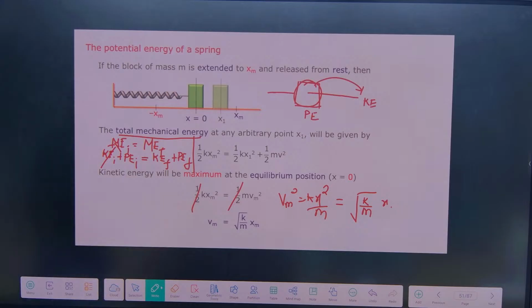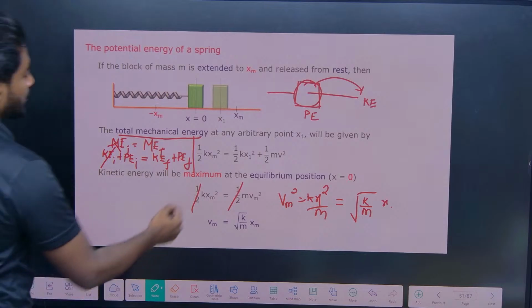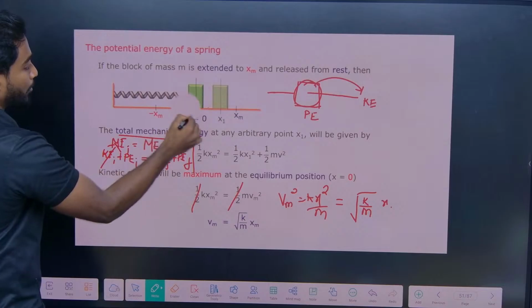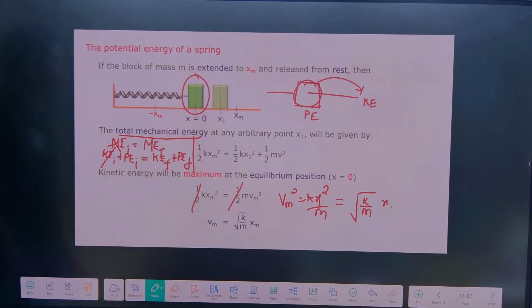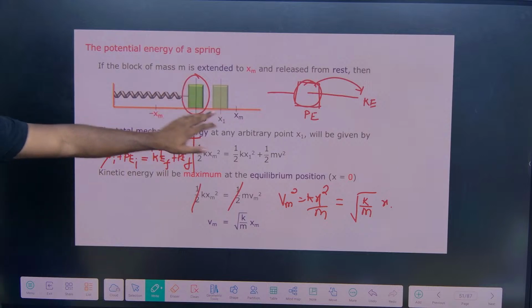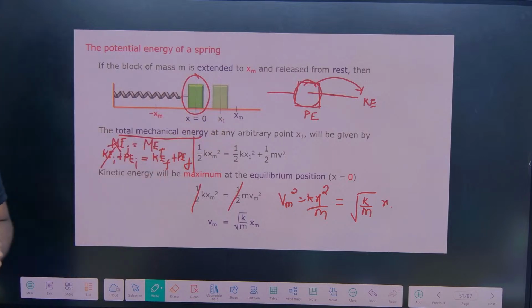Which one, sir? Half into kx final square. Why did they neglect it? So the thing is, this is the final position, the equilibrium position. Here x will be 0, and in this case x will be any number.